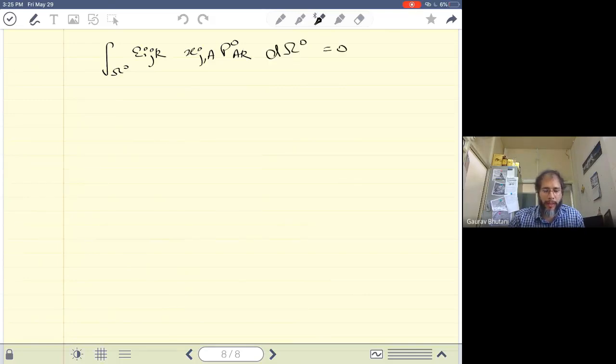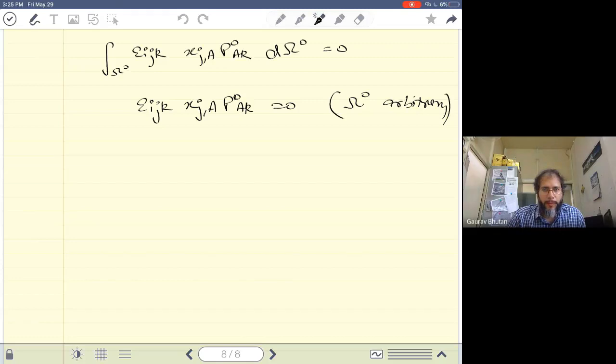Okay, so same idea, since omega naught is arbitrary, we can write that the integrand is zero. Now you can see that this is slightly different from what we had obtained earlier in the Cauchy stress tensor form.